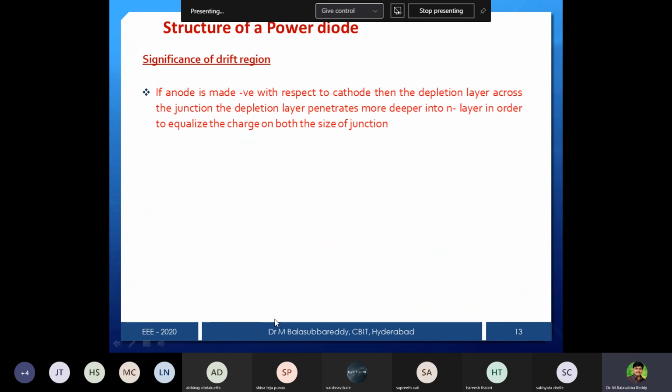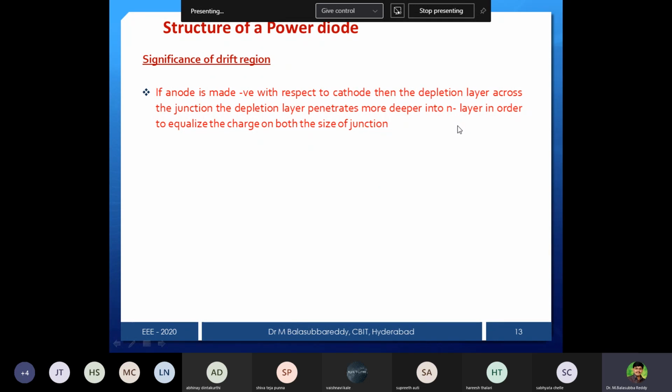Now, when the anode is made negative with respect to the cathode, the depletion layer across the junction penetrates deeper into the N minus 1 layer in order to equalize the charge on both sides of the junction.